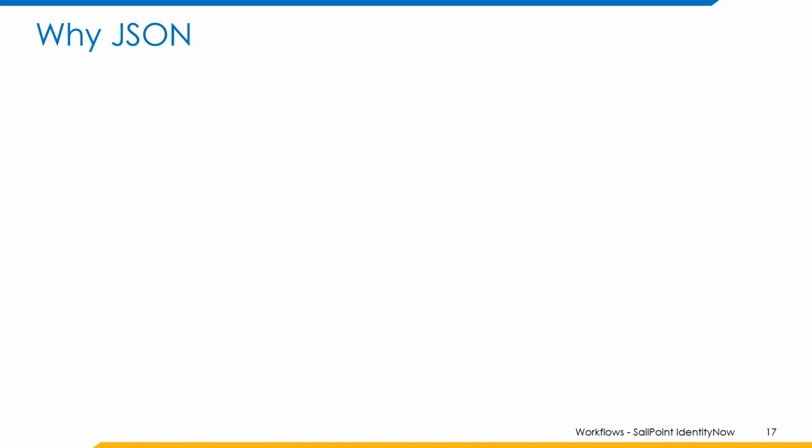Before moving to that, let's answer the question, why JSON. As per the architecture, for every IdentityNow operation, SailPoint has a dedicated and independent microservice which uses REST API to receive and transfer the data.